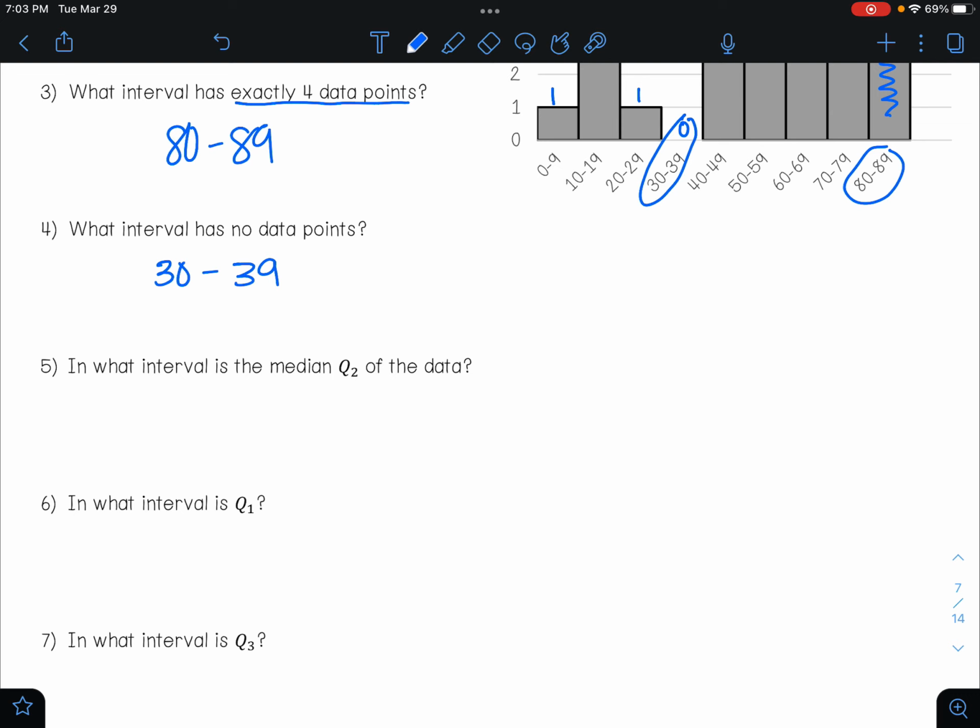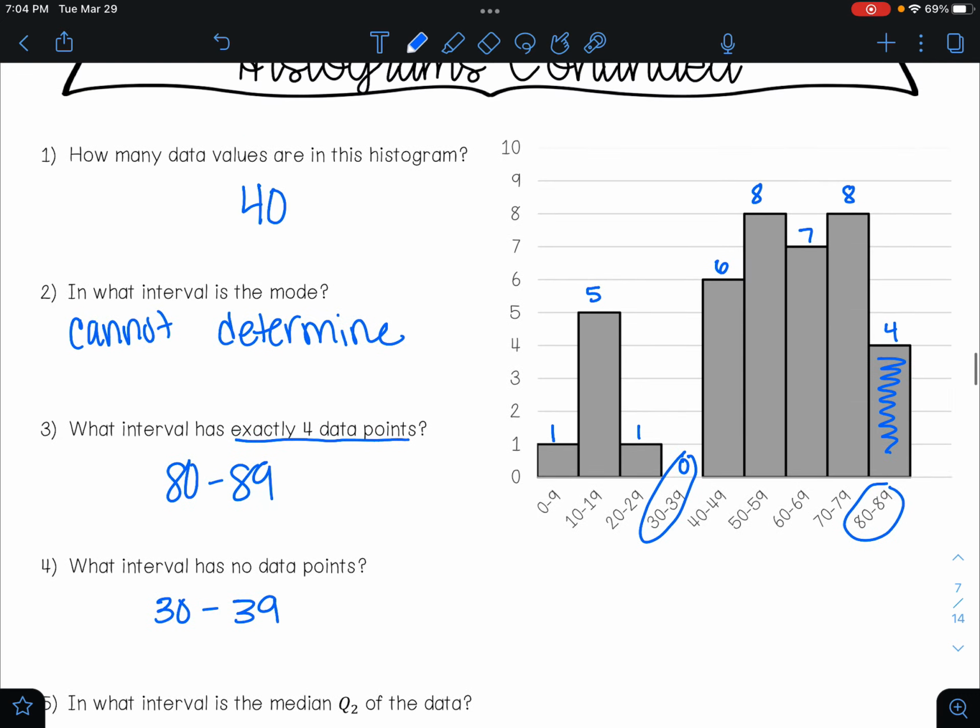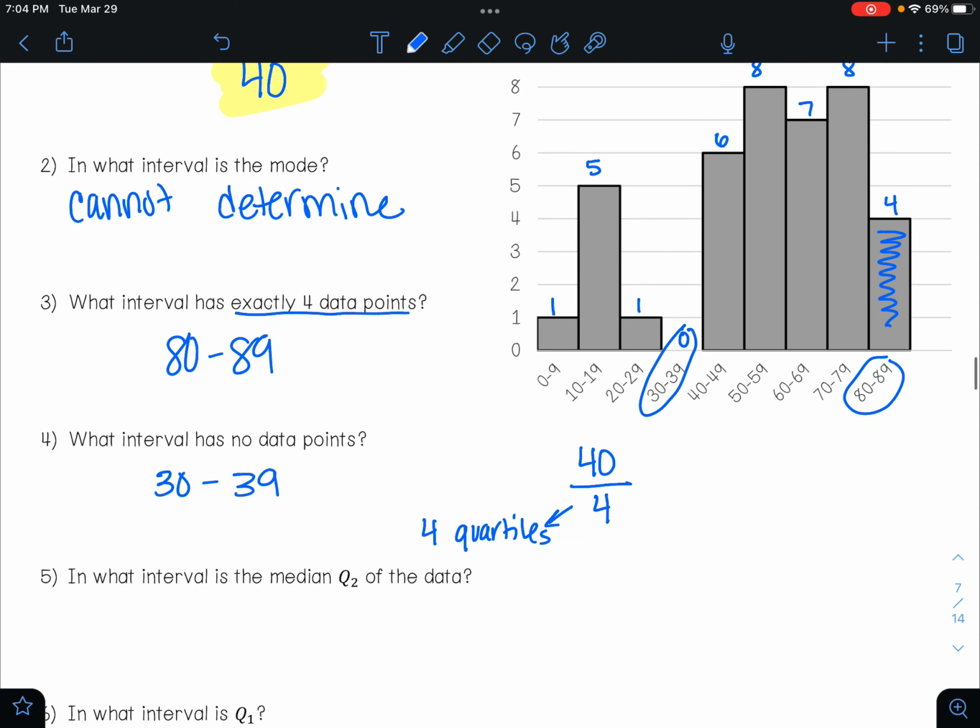When you are not given your data set, what you're going to do is take your total number of data values, which is 40, and divide by 4. We always divide by 4 for the 4 quartiles. So 40 divided by 4 is 10.